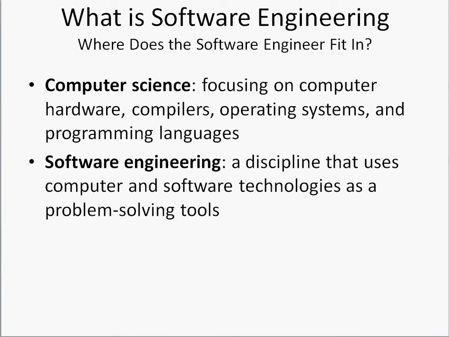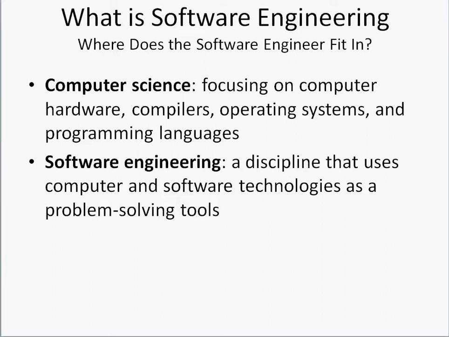So what is software engineering and how does it fit into what a software engineer does? Now remember, computer science is more of the invention part in terms of coming up with new compilers, operating systems, and programming languages. Software engineers do not come up with new compilers.